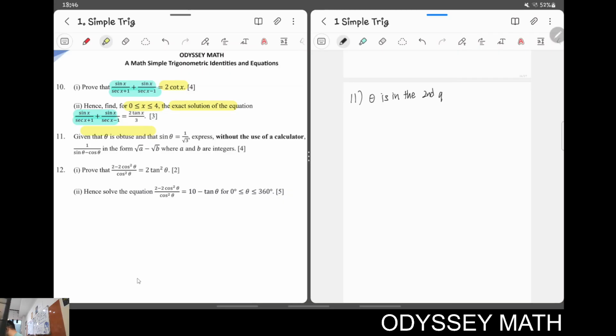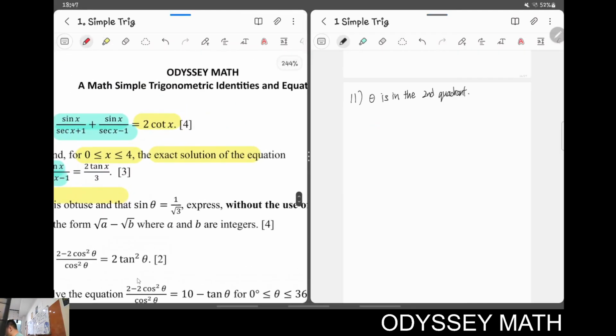I'm going to upload my solution in the learning management system because I think the solution that was given is a bit too summarized. So you can refer to it in case you lose your notes. So theta is in the second quadrant. It's very important to identify which quadrant theta is in. Now sine theta is 1 over square root 3, so you can write down here, O is 1, square root 3 is H.